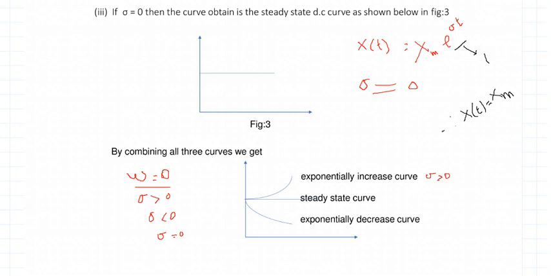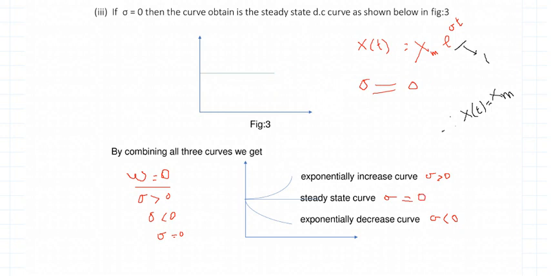When sigma was less than 0, we got an exponentially decreasing curve. And then we got the third case, a steady state curve, a steady state value. This was the output when we had taken sigma equal to 0.